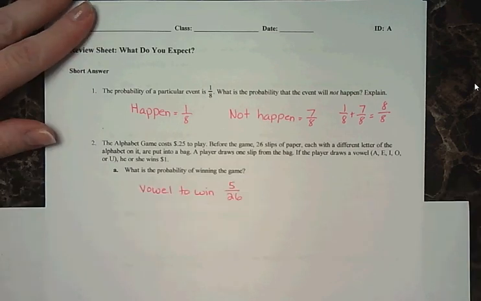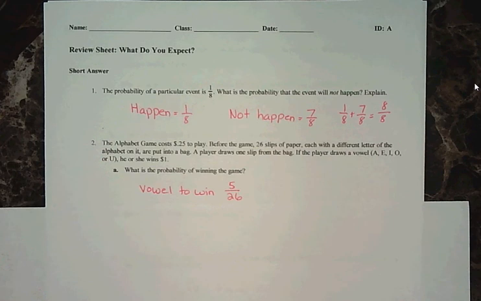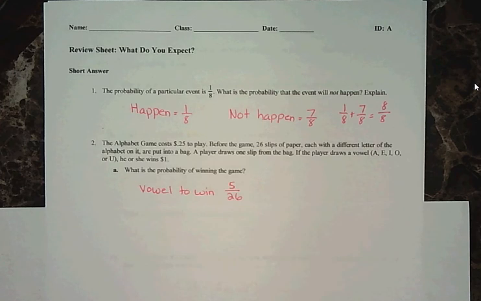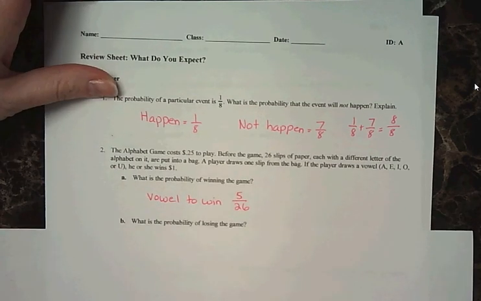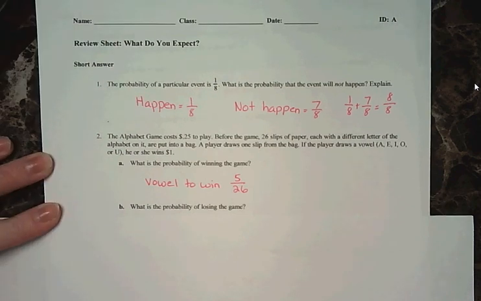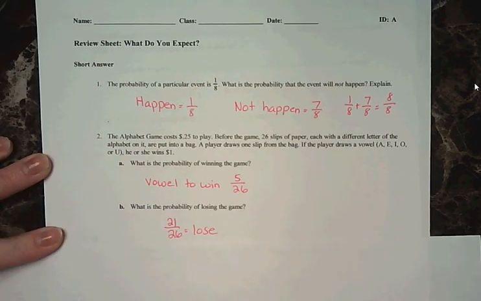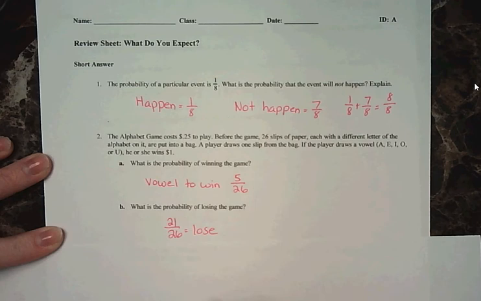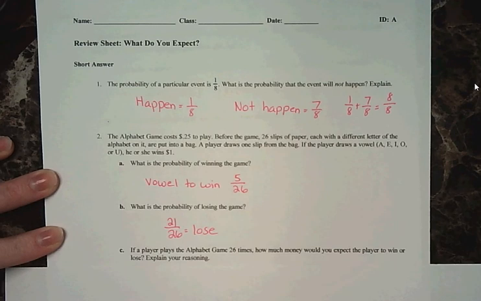So you should have gotten that the probability to win was 5 out of 26 because there are 5 vowels out of 26 letters. Next question, what's the probability of losing the game? So you should have gotten 21 out of 26 because if you don't win, you lose, which is 21 out of 26.